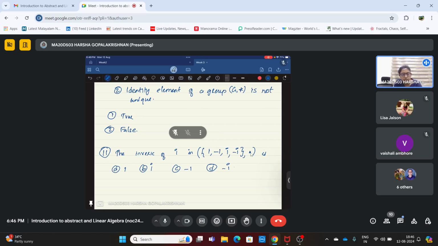There is a question in the assignment actually to check whether it is a group or not. Here I am just asking about the inverse of i. Before going to the inverse, first tell me what the identity is here.